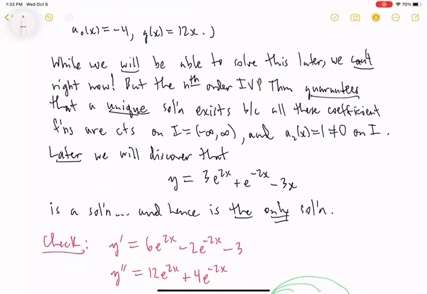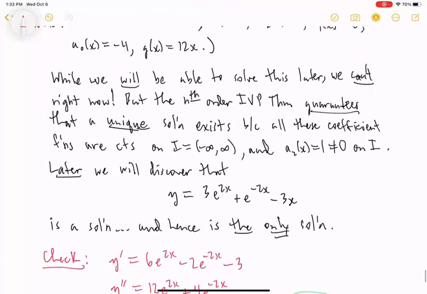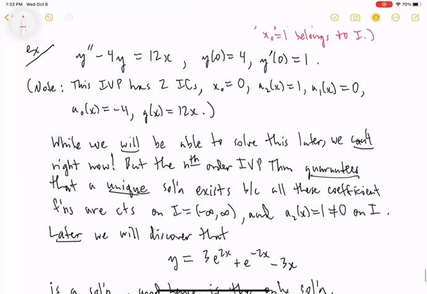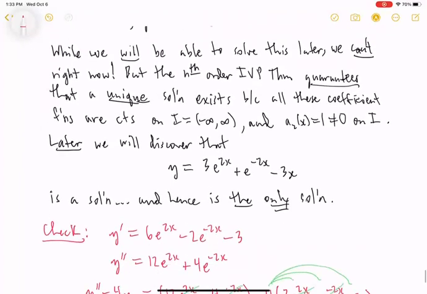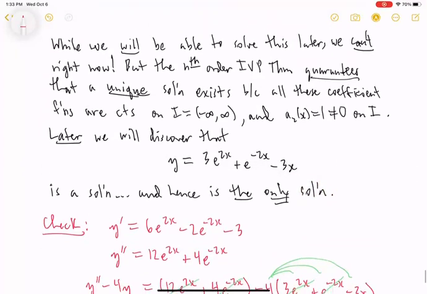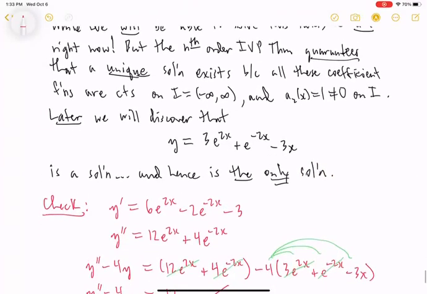And then we plug into the differential equation. The differential equation was y prime prime minus 4y is supposed to be equal to something. Y prime prime minus 4 times the original thing. Y prime prime is right here.